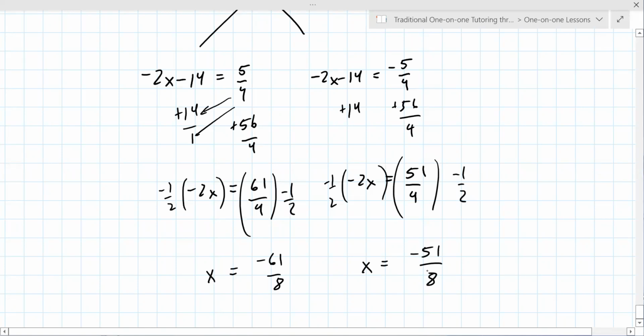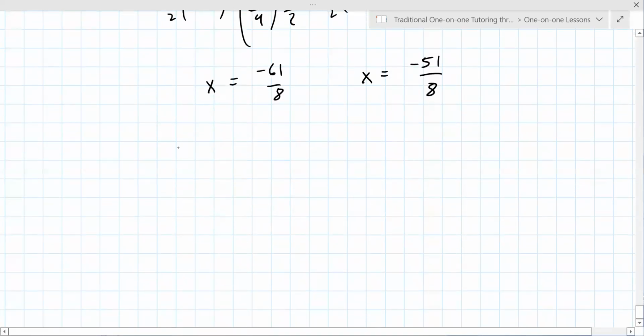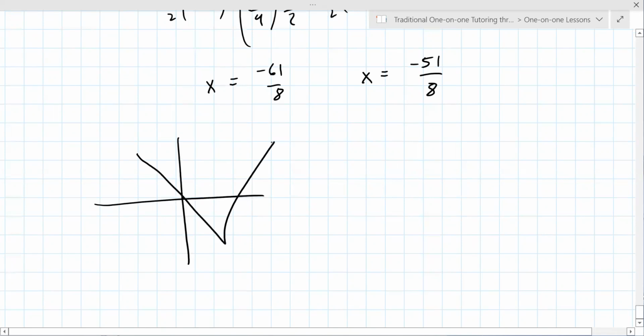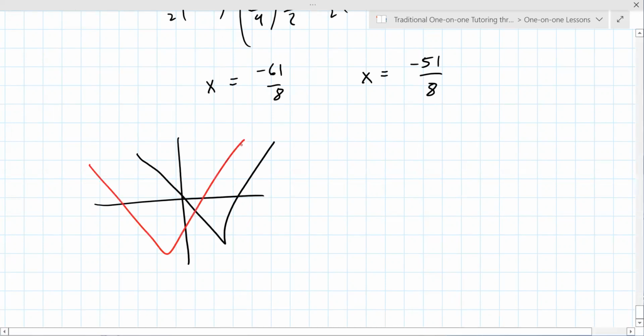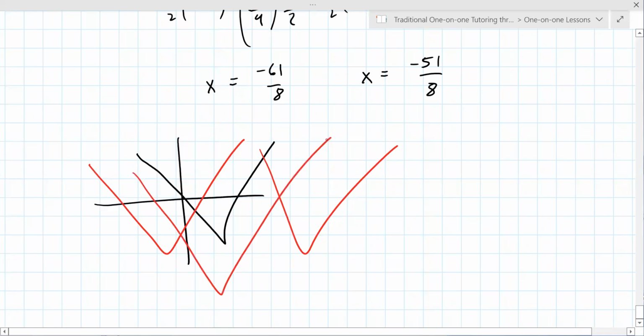So the point is that there are other transformations, not just up or down. It could be left or right. If we go back and look at a graph of the absolute value, if the original has two x-intercepts, if you move it up, if you move it left or right, it still has two intercepts. If you move it down, it still has two intercepts.